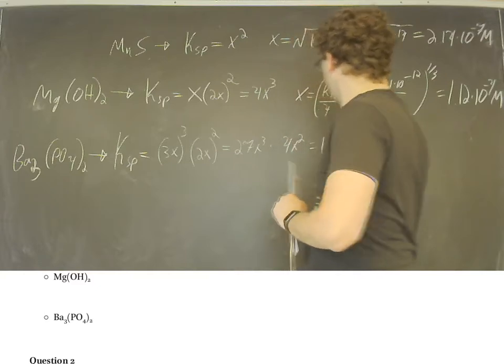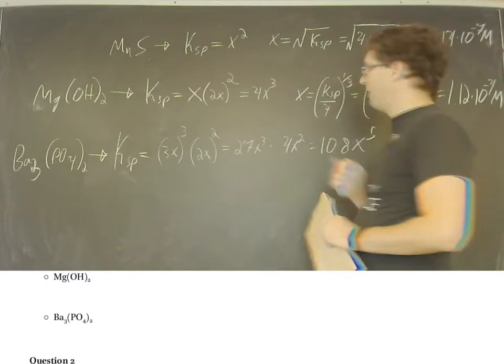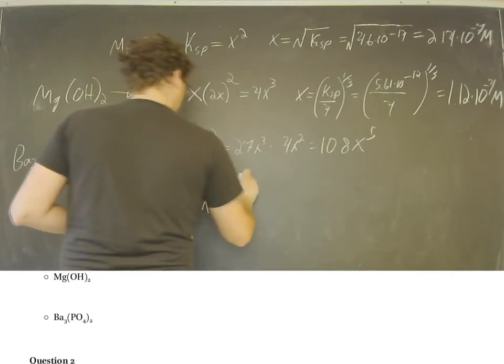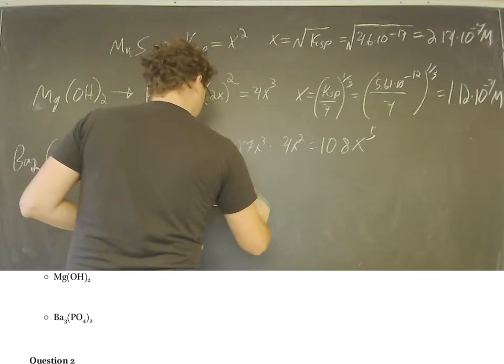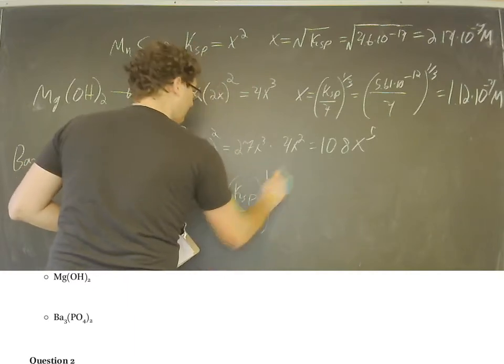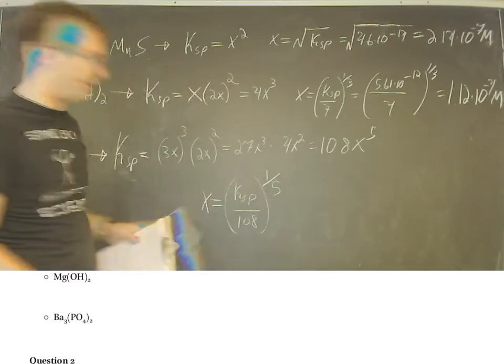That's 108x to the 5th. Now this looks kind of awful, but ultimately we can say that x is equal to the KSP divided by 108 and take the 5th root of that. It's not so bad, really.